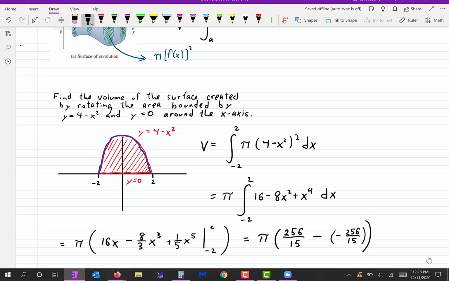And so our final answer is 512/15 times pi. That's our answer. And if they gave us units, then this would be cubic units because it's volume.